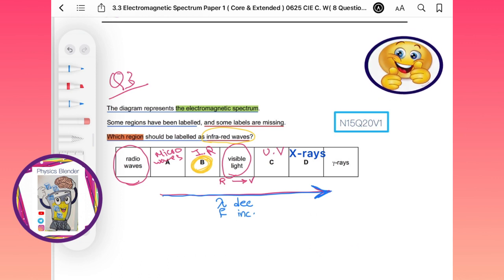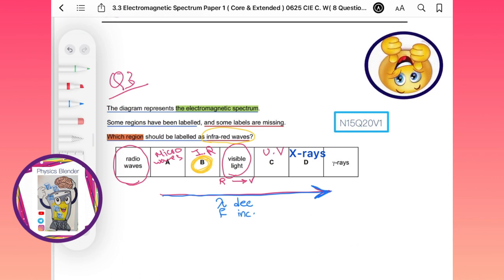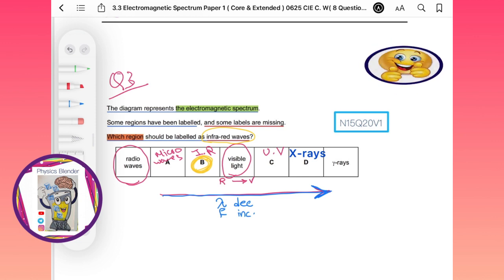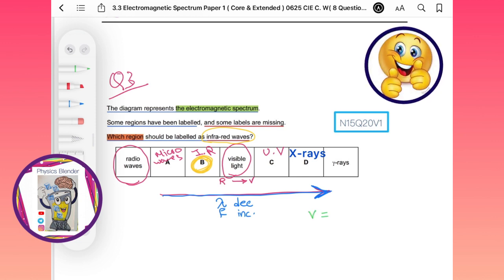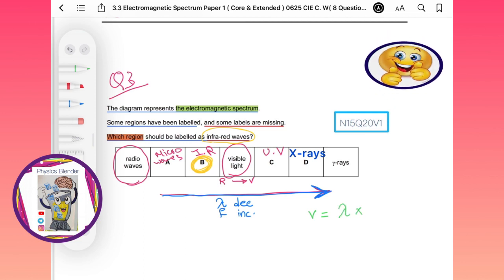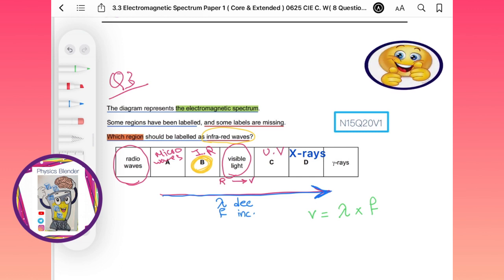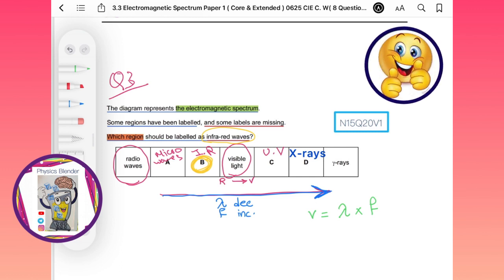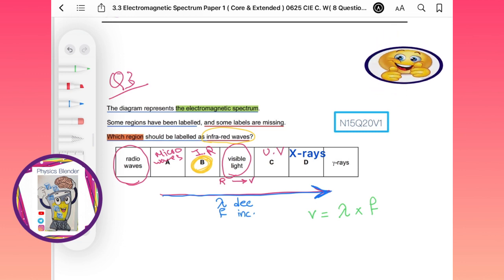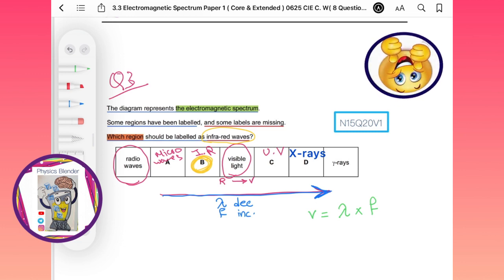Okay, so what about the speed? According to the wave equation, you know that wave speed is equal to wavelength times frequency. But here we are discussing the change in wavelength and frequency. Neither of them is constant.